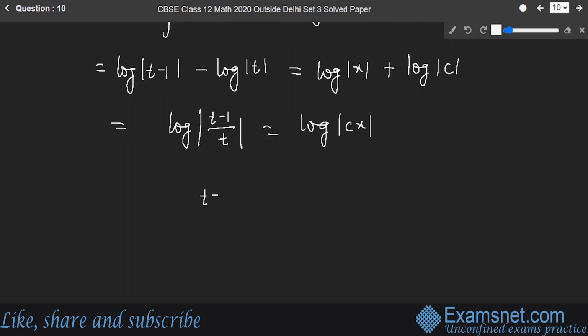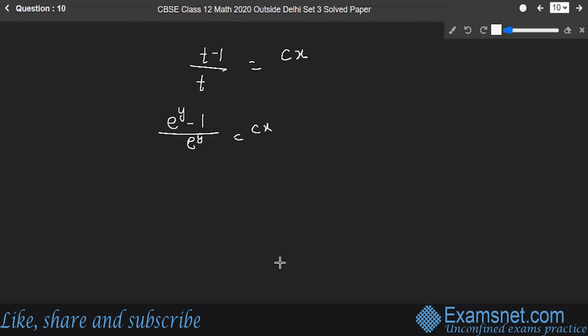Now removing log on both the sides, t minus 1 upon t is equal to cx. T was e raised to power y, so e raised to power y minus 1 upon e raised to power y is equal to cx.